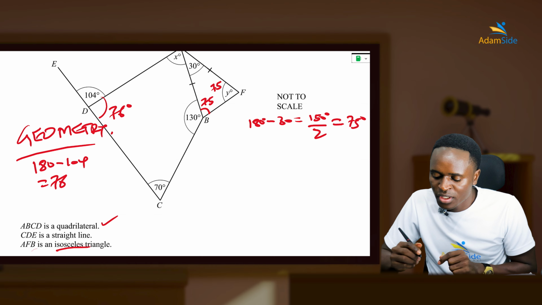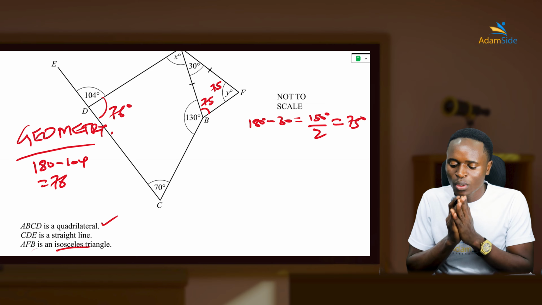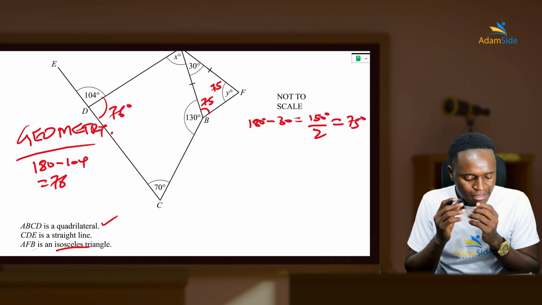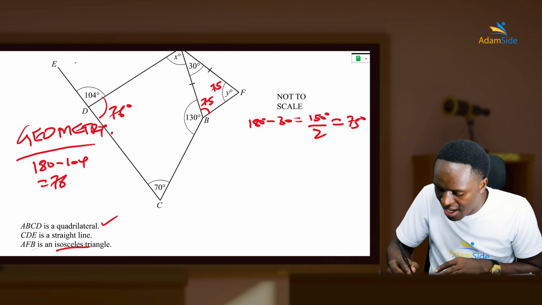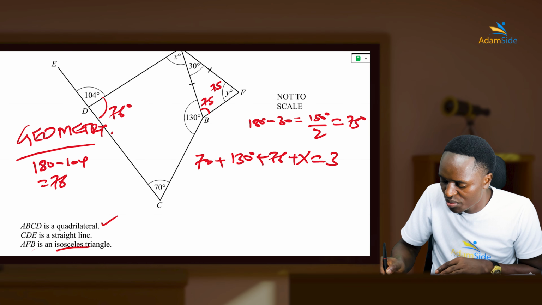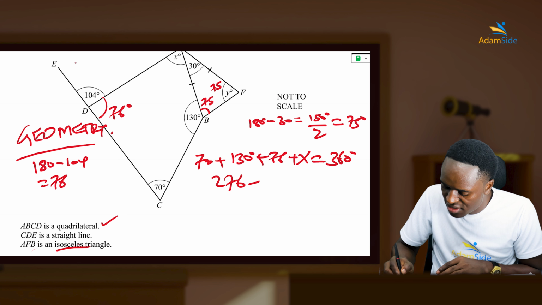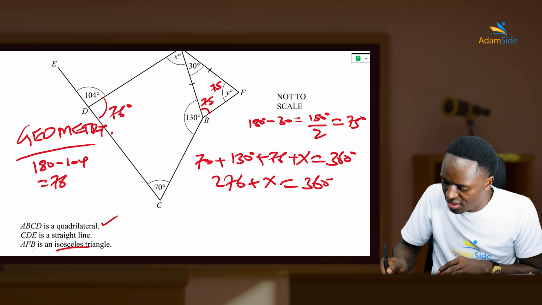Therefore, this is 76 degrees. Correct. Then we say angles in quadrilaterals add up to 360 degrees. Therefore, angle 70 plus angle 130 plus angle 76 plus angle x should be equal to 360 degrees. When you add this, you get 276 plus angle x is equal to 360 degrees.